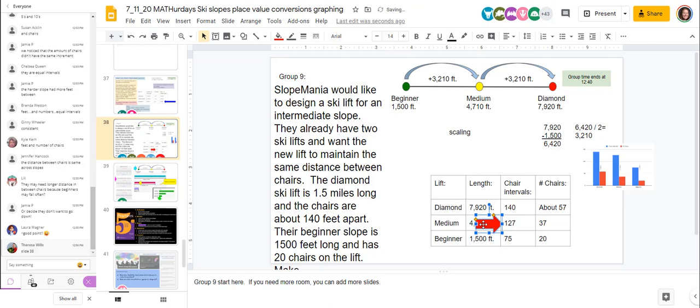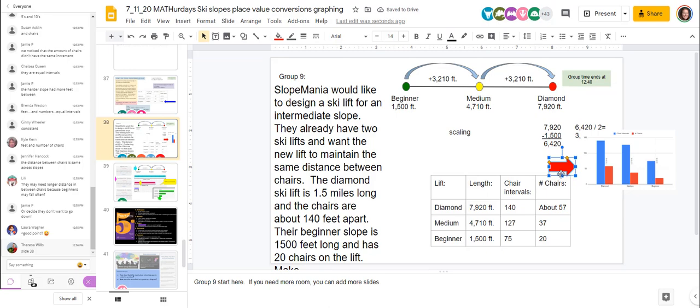And then I also tried 1500 is to 20 as 4710 is to X. And it took me a few tries. So I'm still not positive my math is correct. And then I went to a spreadsheet. I copied this table and put it into a spreadsheet and created this graph.